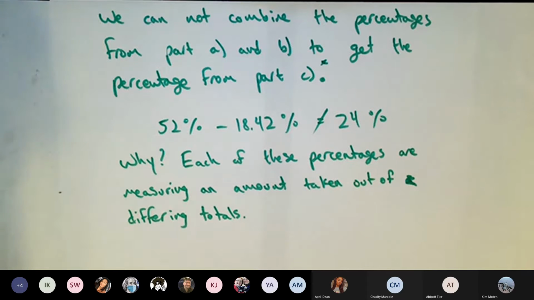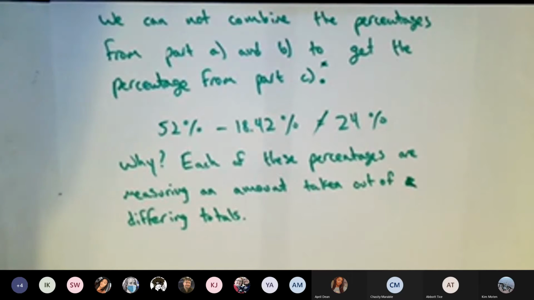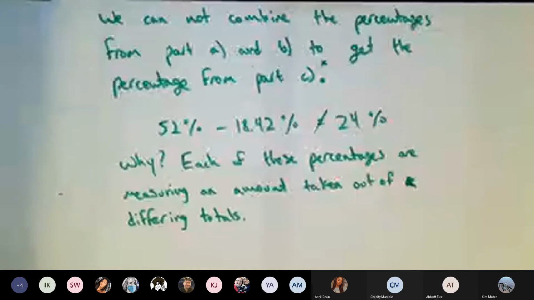They're measuring different things, so you have to be really careful with percentages. You can almost never add or subtract them, because it's really important to note that they're measuring things out of some total, right? And anytime you're doing that, you're dealing with fractions, and you have to be very careful about adding or subtracting them.